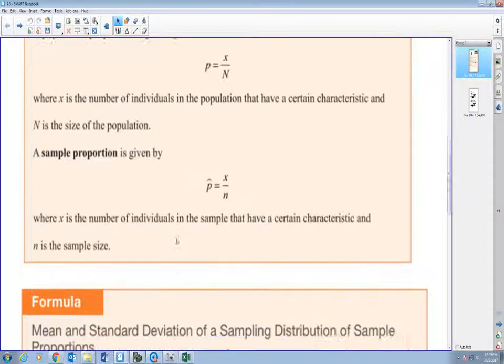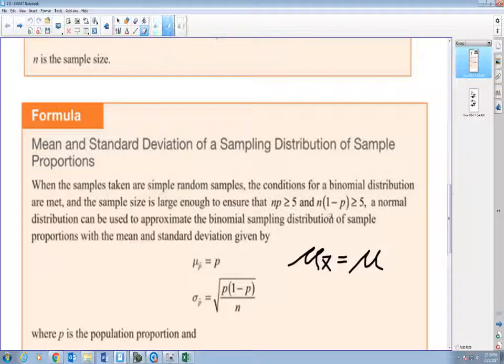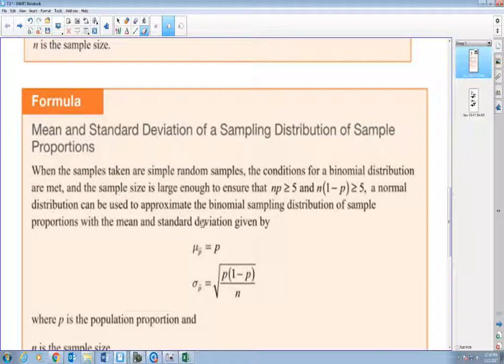So what we want to do is talk about the mean and the standard deviation real quick, just like we did with the sampling distribution of x bar. Then we will learn how to find the probability as well. So, the mean and standard deviation of a sampling distribution of your sample proportion p-hat.